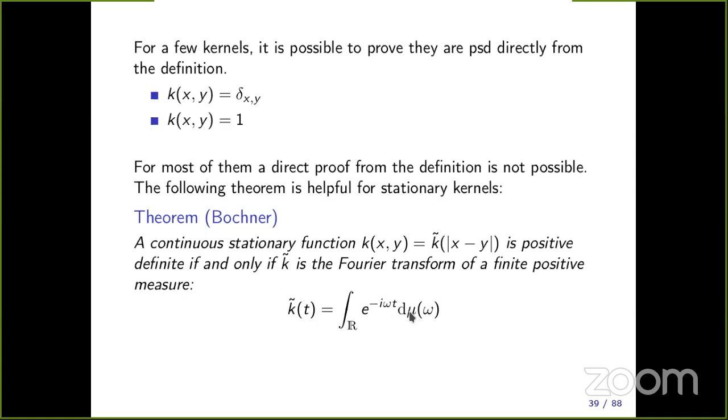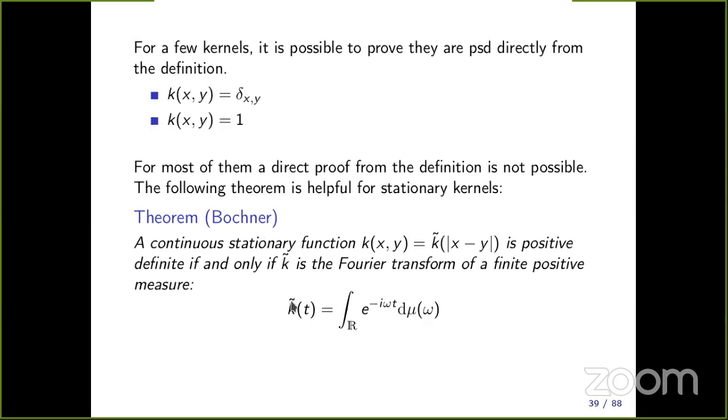This is very convenient because we've changed the condition of being positive semi-definite into the condition that this just has to be positive. This is just a function that has to be greater than 0. This is much simpler than saying the covariance matrix coming from this has to be positive semi-definite regardless of the input points where we evaluate it.